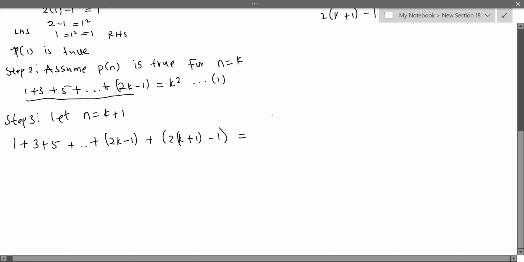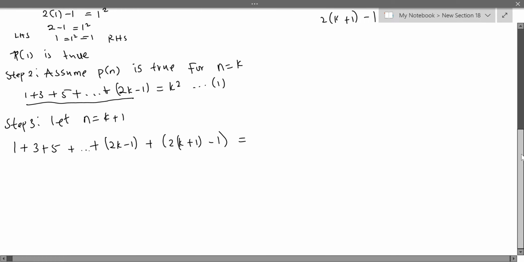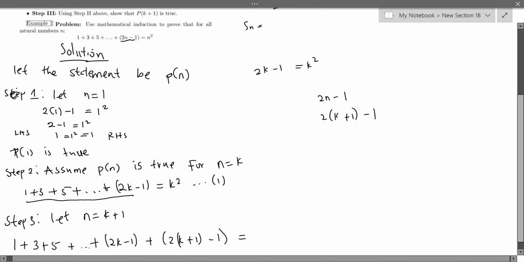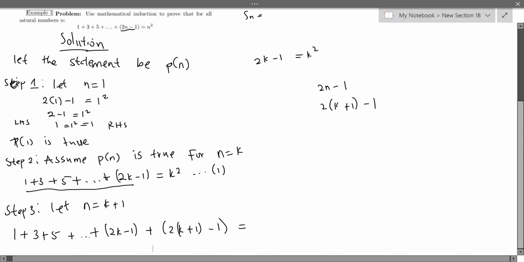On the right hand side of the statement, we have n squared. So we replace n with k plus 1, and we get k plus 1 all squared. This is the right hand side and this is the left hand side.